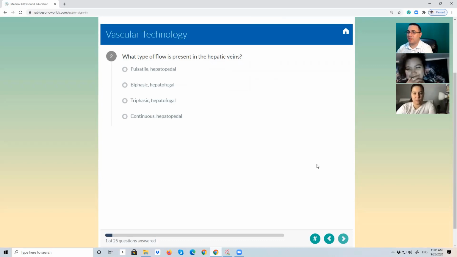Right, and what's the direction? Towards the IVC. So, hepatofugal. It's going to be a triphasic waveform, triphasic hepatofugal. All right.